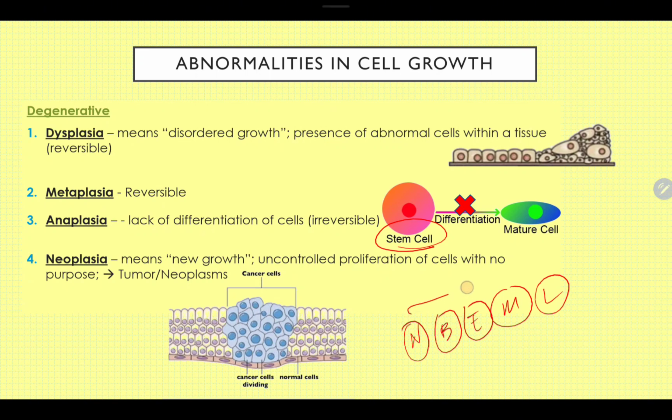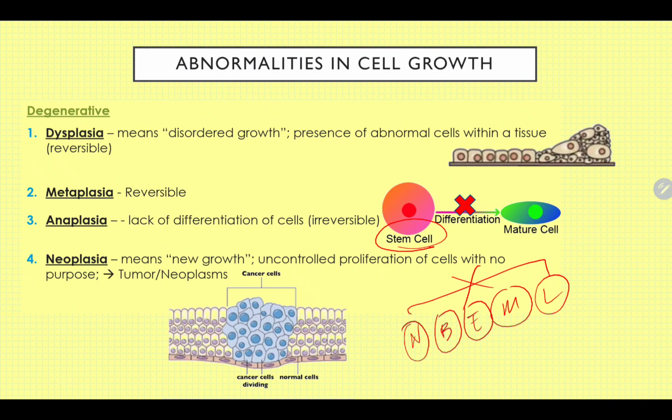In this case po, hindi po na-achieve ito, hindi siya nag-differentiate into these different types of cells. So, anong meron sa bloodstream? Ang meron sa bloodstream na matira is the immature cells because they lack differentiation, and those are irreversible po. That is what we call anaplasia.